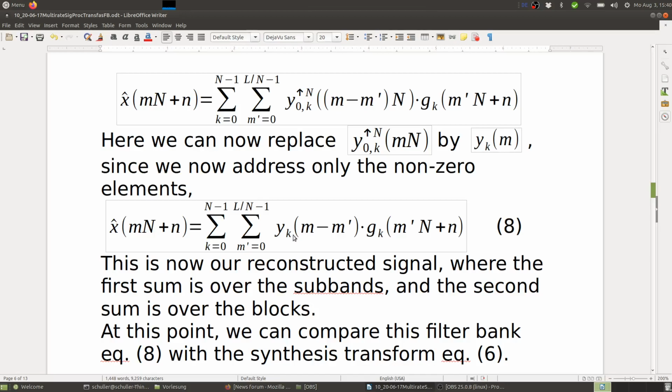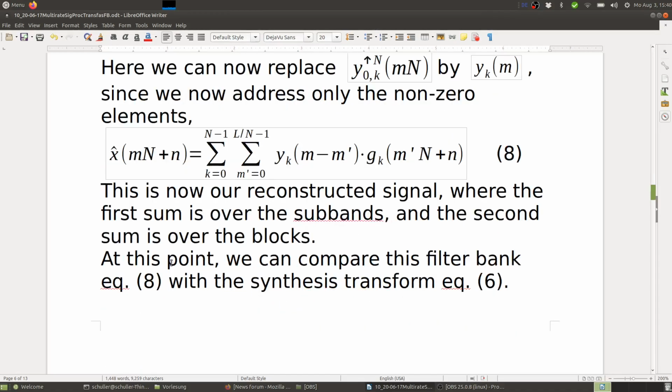Now we have y_k, the kth subband for block number m minus m prime. So this is now our reconstructed signal, where the first sum is over the subbands and the second sum is over the blocks.